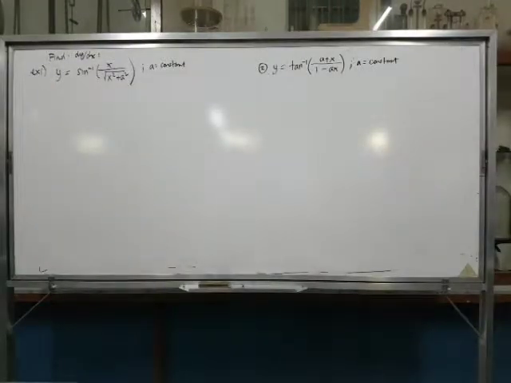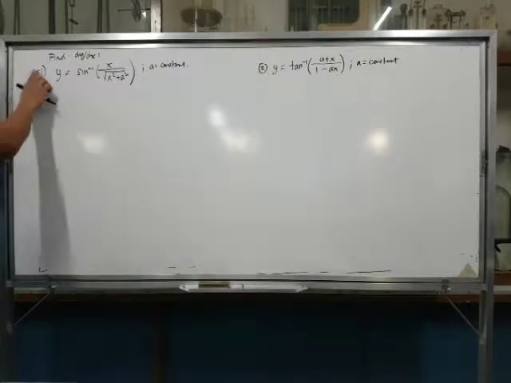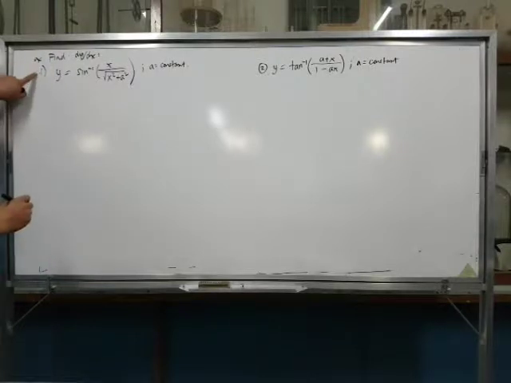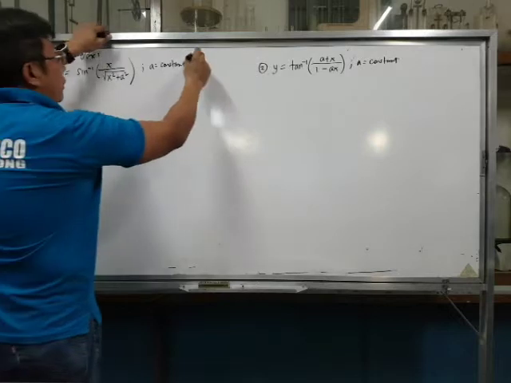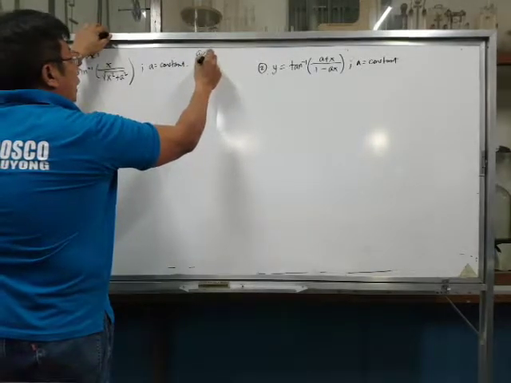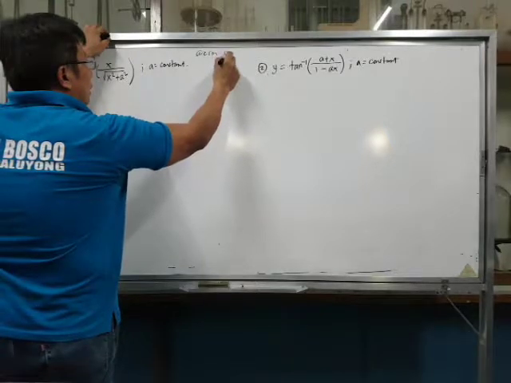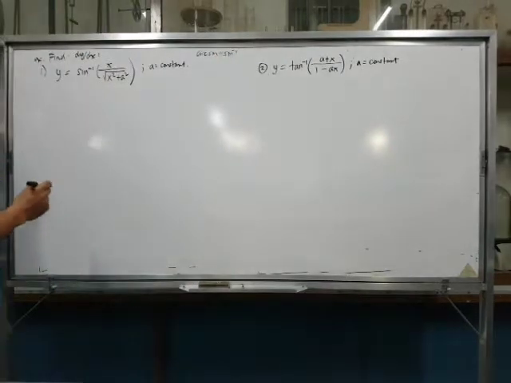Okay, so take a look at the example on the board. We have 1 and 2. We compute the derivative of y with respect to x. So number 1, y equals arc sine, or inverse sine. So remember, arc sine is just the same as inverse sine.